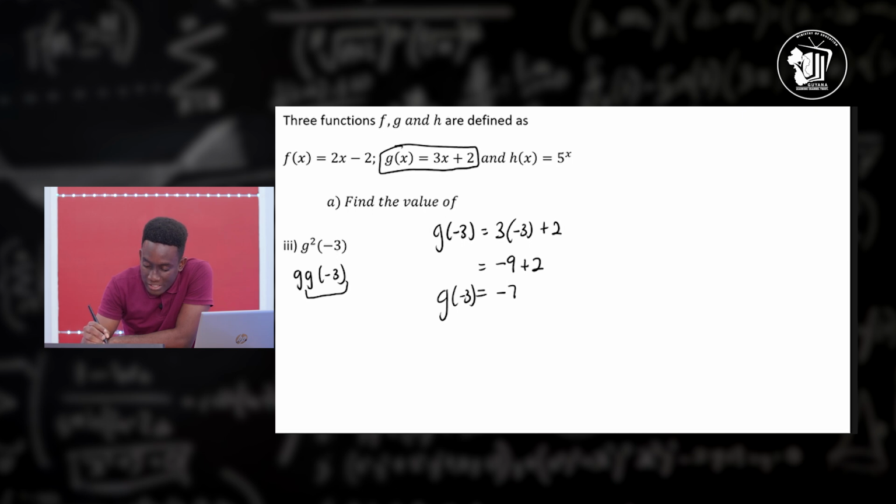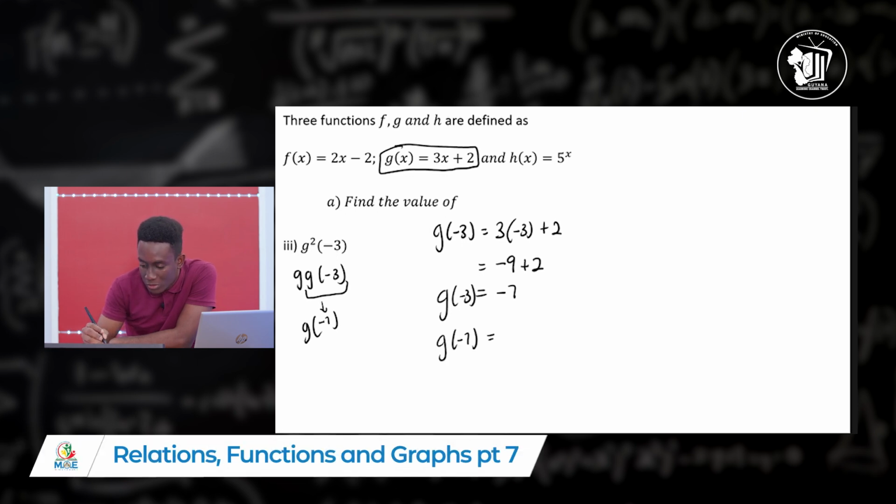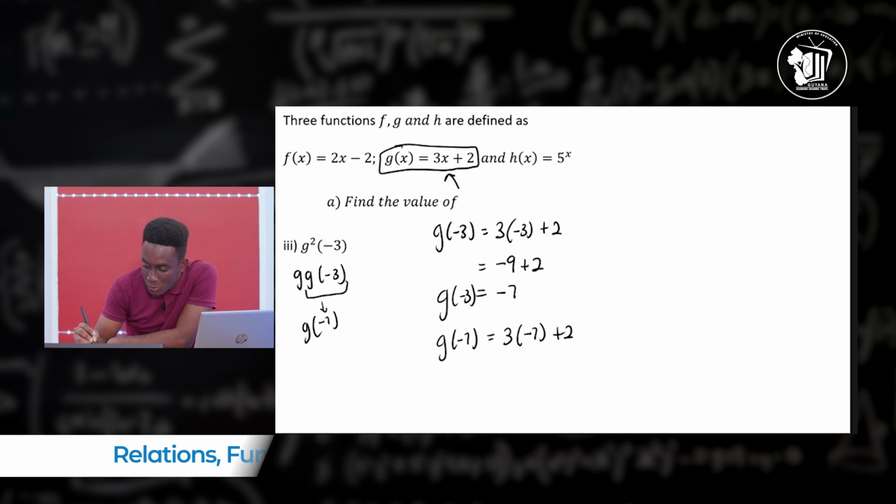And we're taking this answer and putting it inside the function g. So instead of g of negative 3, we're replacing it with negative 7. So what we'll find now is g of negative 7. So g of negative 7 will be equal to the same function g, 3 times x, which is negative 7 in this case, plus 2.